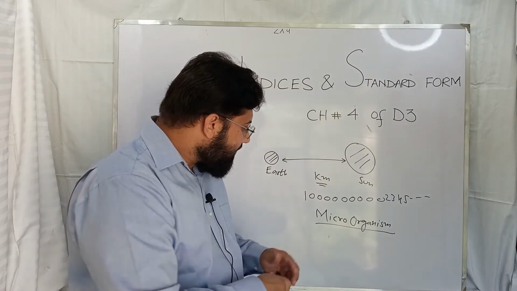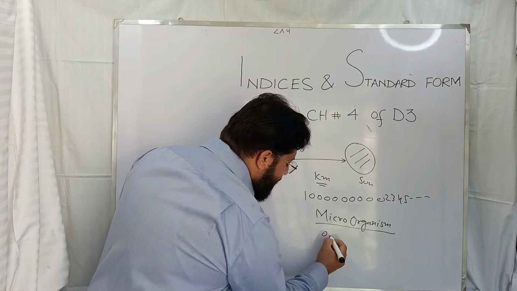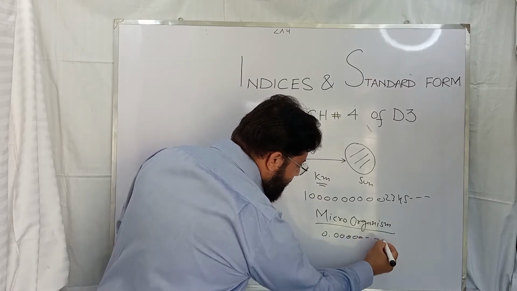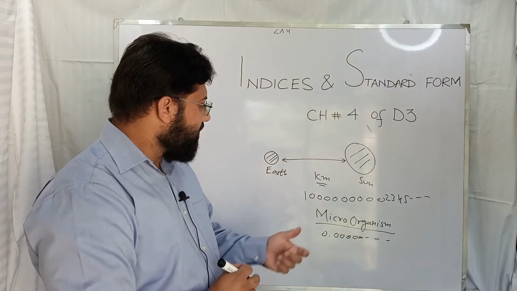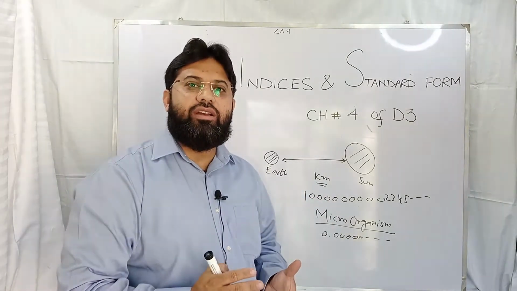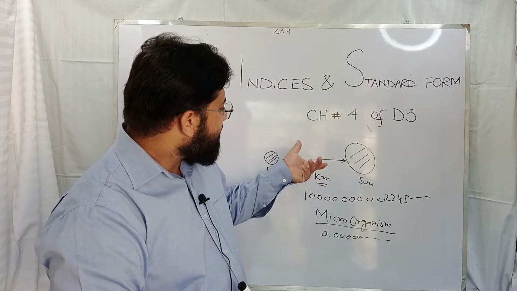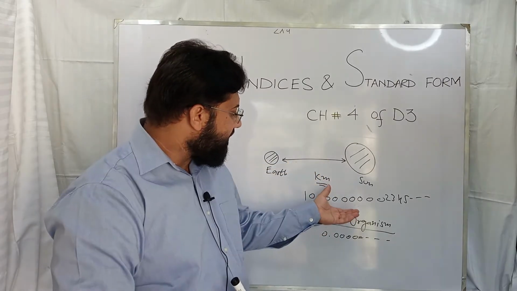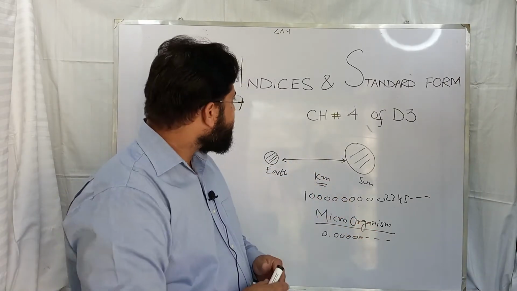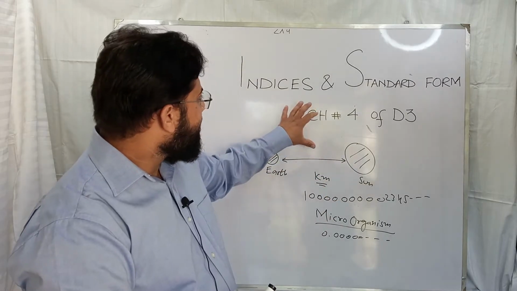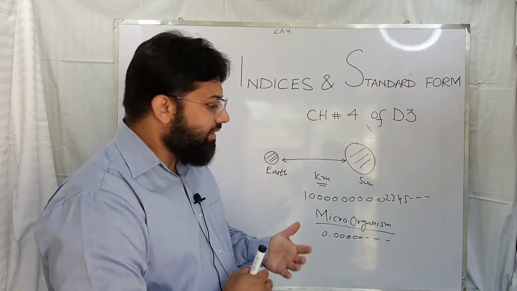A very small value like 0.00000 and so on, or a very huge value, created a problem for the scientists. So they established a principle which can deal with this type of problem. That is the background of indices and the index notation.